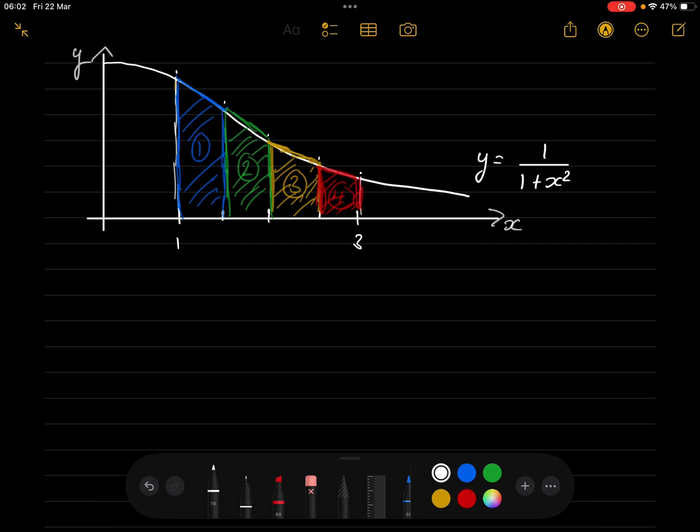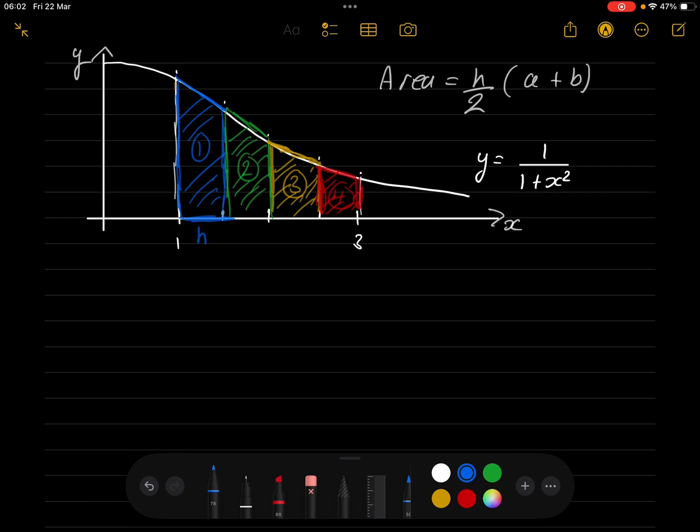Well, the area of a trapezium is given by the formula height divided by 2, h over 2, and then the sum of the parallel sides, a and b. So for this blue trapezium, the height is this horizontal bit here between the parallel sides at right angles.